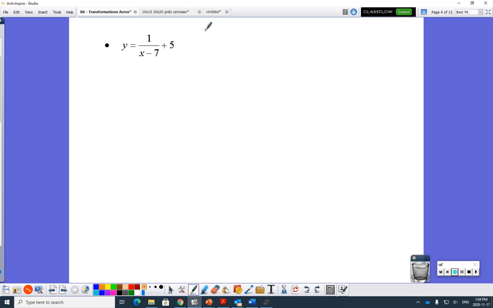Base function. Again, I'm going to try and quiz you here. What base function are we talking about if it's 1 over x minus 7 plus 5? Y equals 1 over x. And then I got transformations. I hope I'm writing this up in a way that you can fit it in the space on your notes.